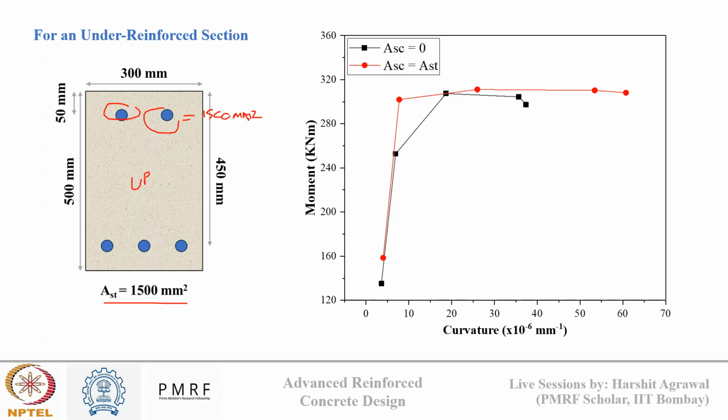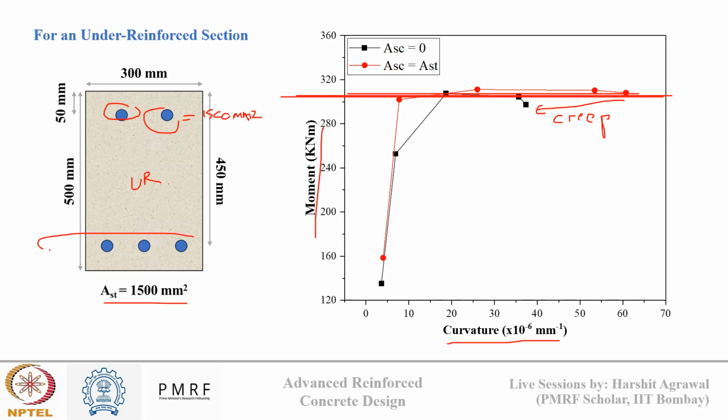So if you do the moment versus curvature analysis for this, you will see there won't be any change in the moment capacity of the member, though the curvature is reducing because the creep in concrete is reducing because of steel present on the compression side. The moment capacity is not changing because failure is still governed by the tension steel.